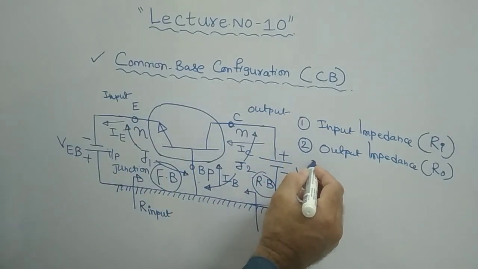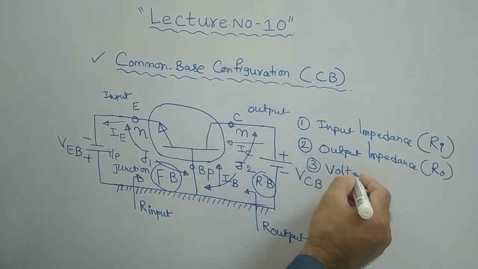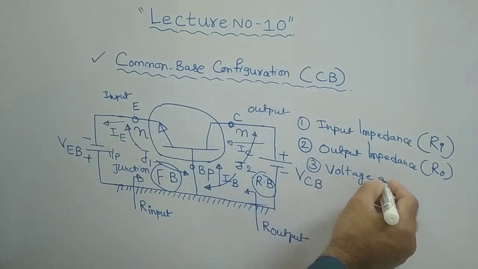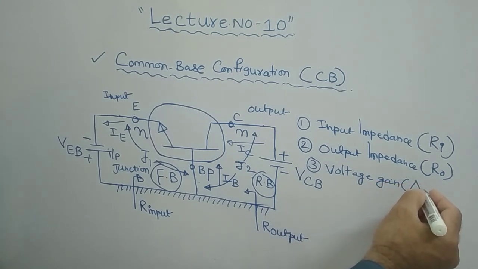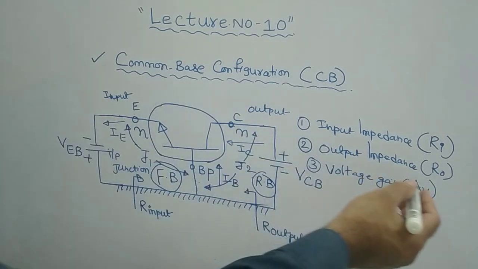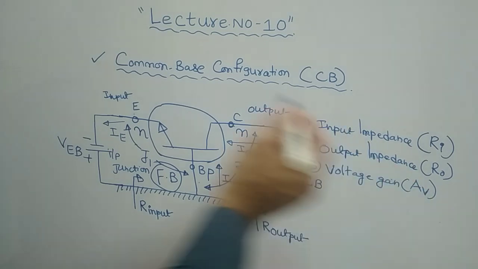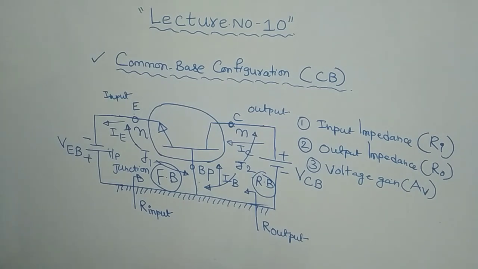What is the third parameter? The third parameter is the voltage gain. Gain is represented by capital A, and as it is for voltage, it is A suffix V, the voltage gain. And the fourth parameter is the current gain.